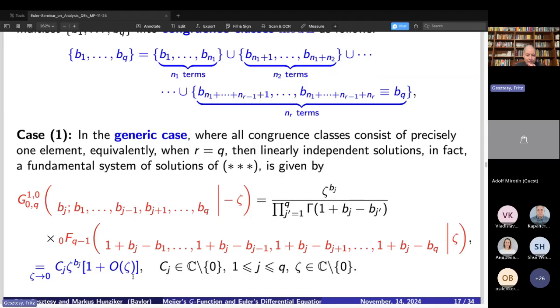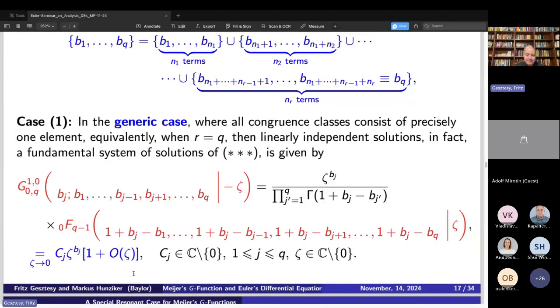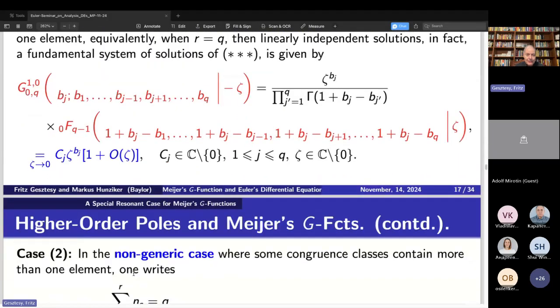Here and later on, when I write 1 plus order zeta, I mean this is an analytic expression. So there's in fact an entire expression. Now, this was the generic case, so we had seen that before. You can express that one entirely in terms of generalized hypergeometric functions, so you would not need the notion of a Meyer's G function to describe the generic case.